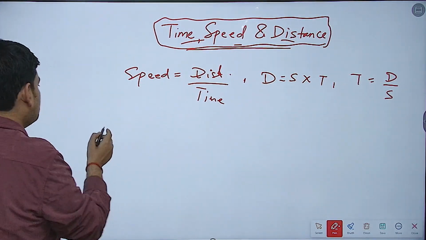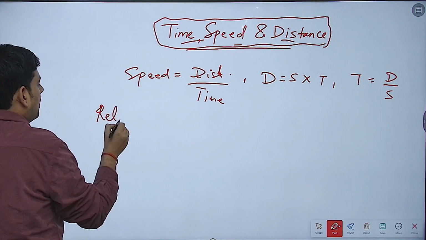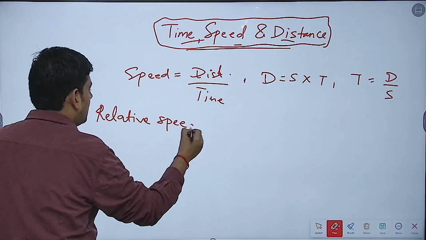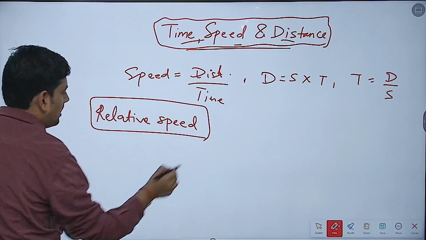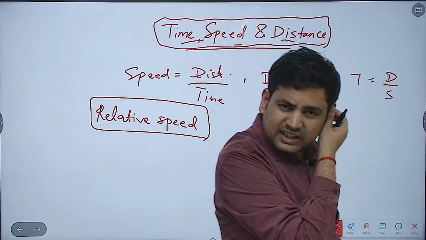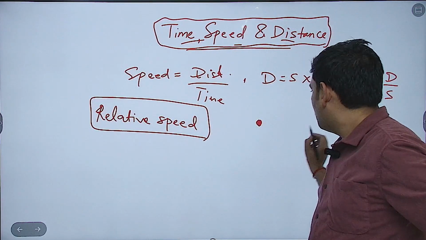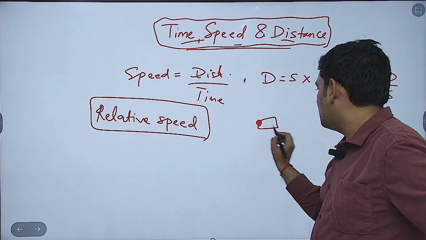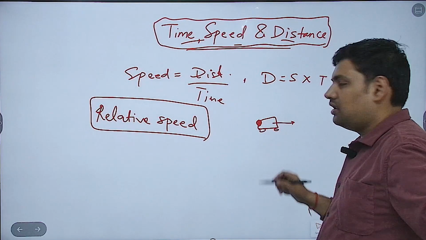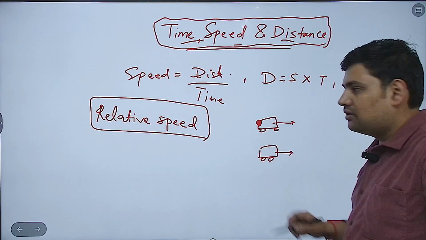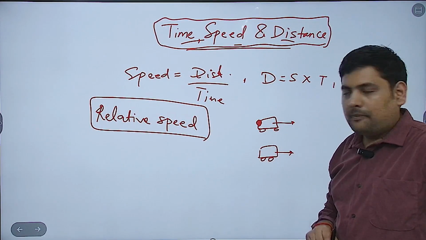Now, another term that you might have seen a lot in questions is relative speed. Now, what is relative speed? Let's say there are two cars. This is car 1 going in this direction, and this is car 2 going in this direction.